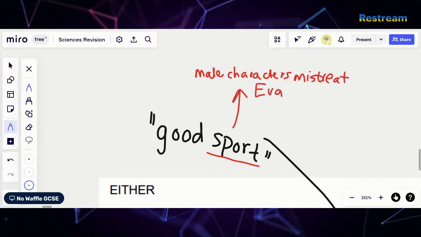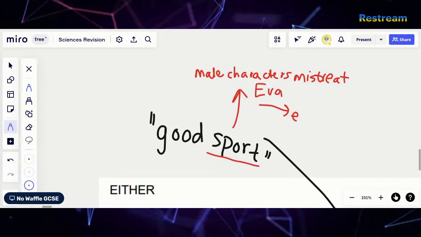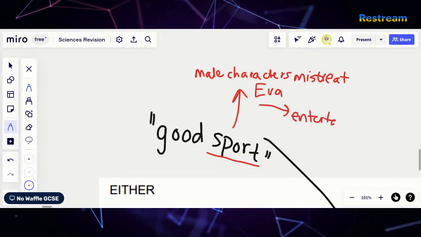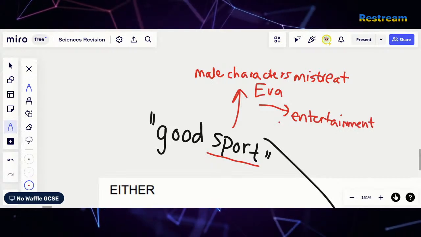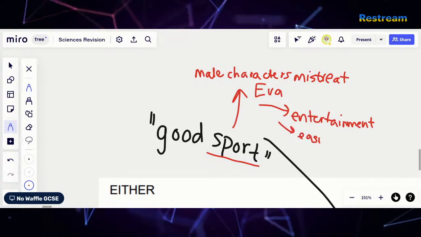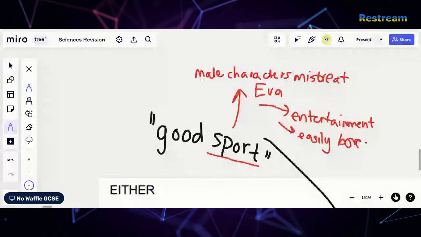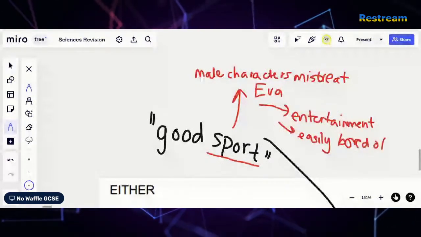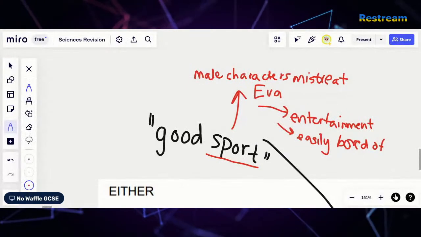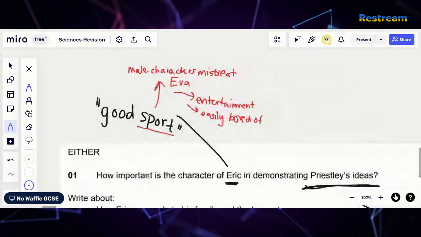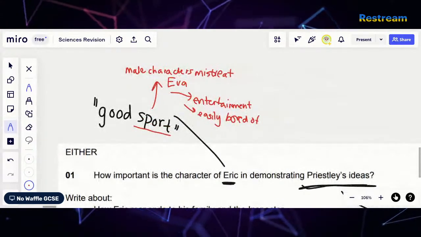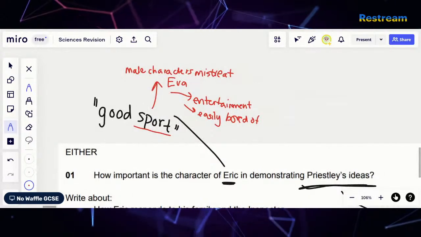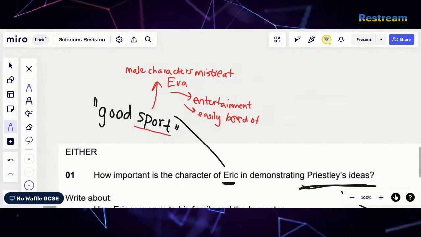They view her as merely a form of entertainment that they can easily get bored of. The audience can recognize a corresponding fate for Eva: just in the same way that males discard sports easily once they're bored of them, Eva Smith is discarded the same way.